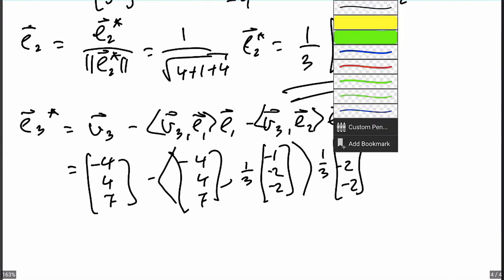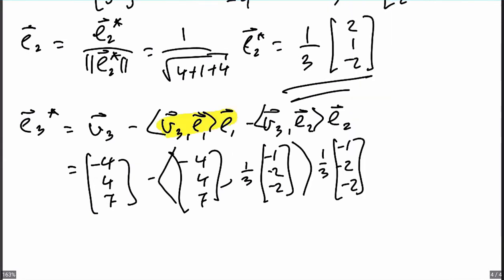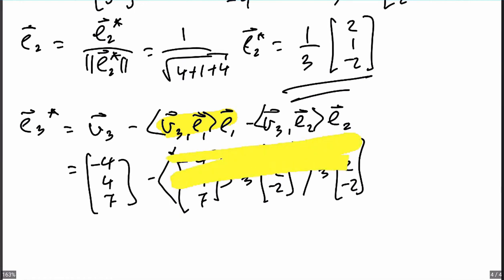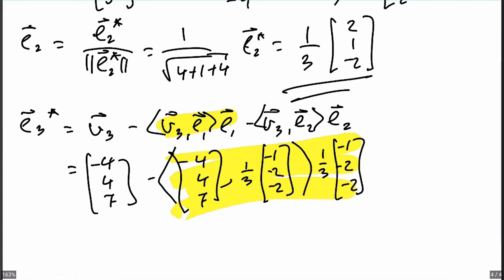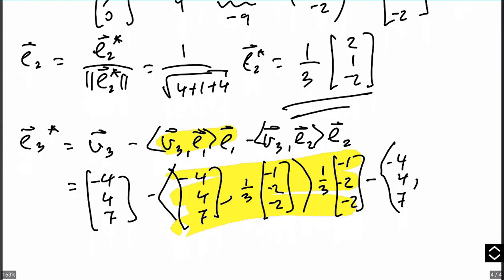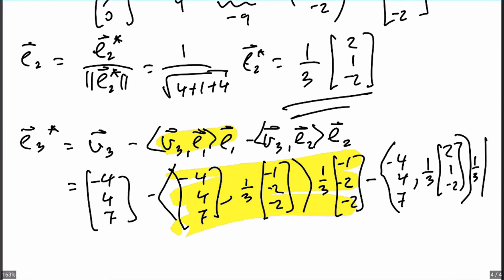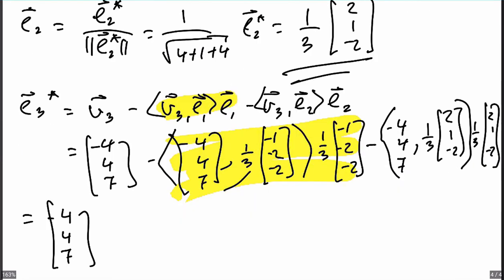So this part here is V3 inner product with E1 times E1, and then we also have to subtract the V3 inner product with E2, which is again 1/3 times 2, 1, minus 2, and then the 1/3 times the vector 2, 1, minus 2. Again I collect the 1/3, so this is minus 1 over 9.